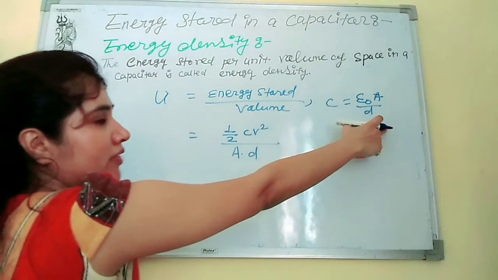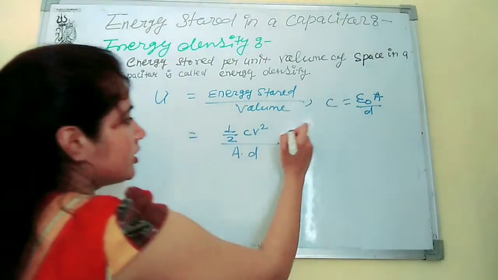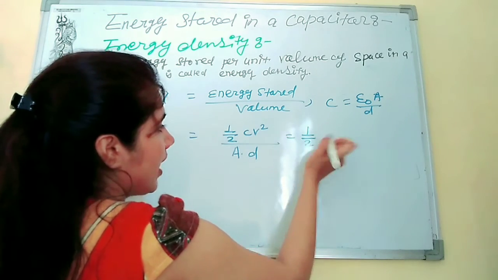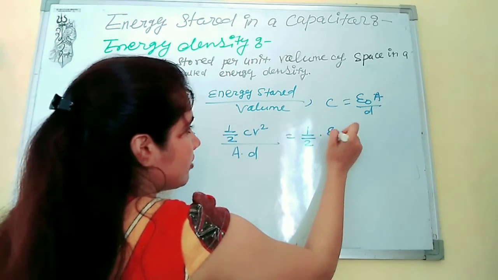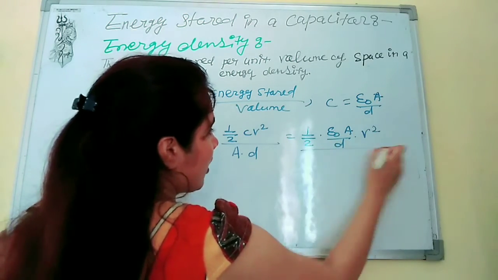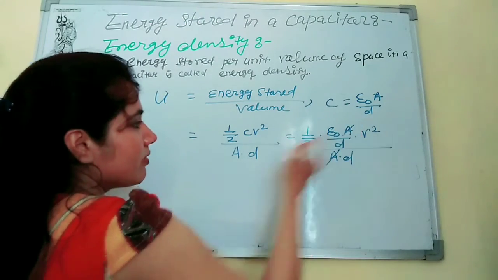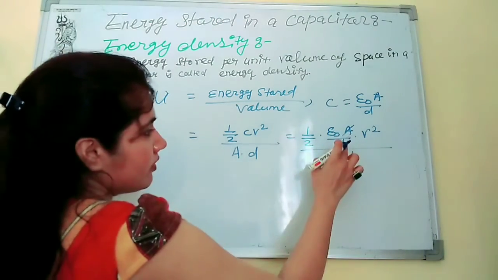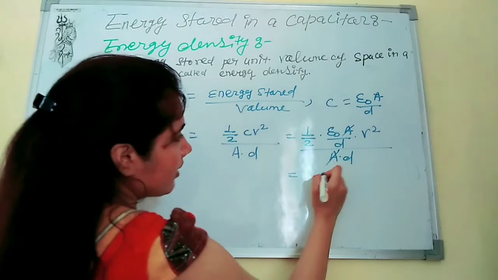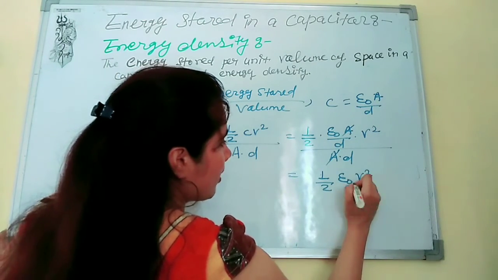We have already derived this expression of C. So in the place of C we will put it. So this will be half into epsilon naught A by d into V square upon A into d. This A cancels out. This d will come down and it will be half epsilon naught V square upon d square.